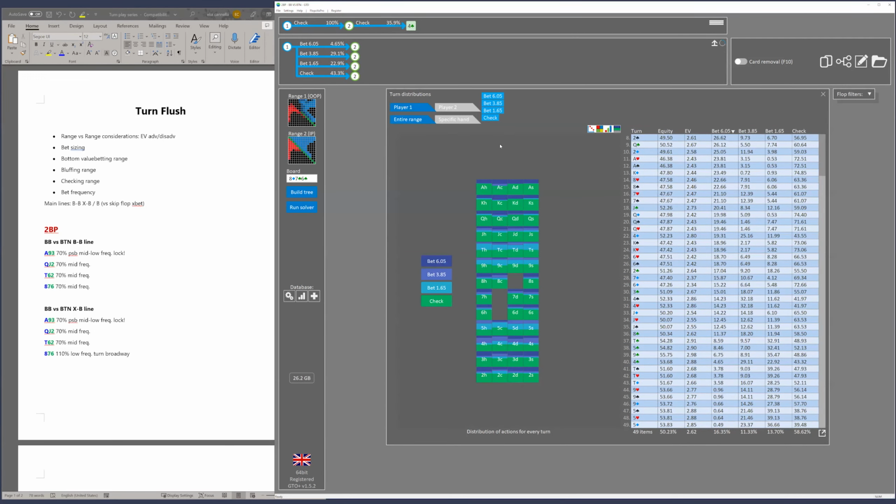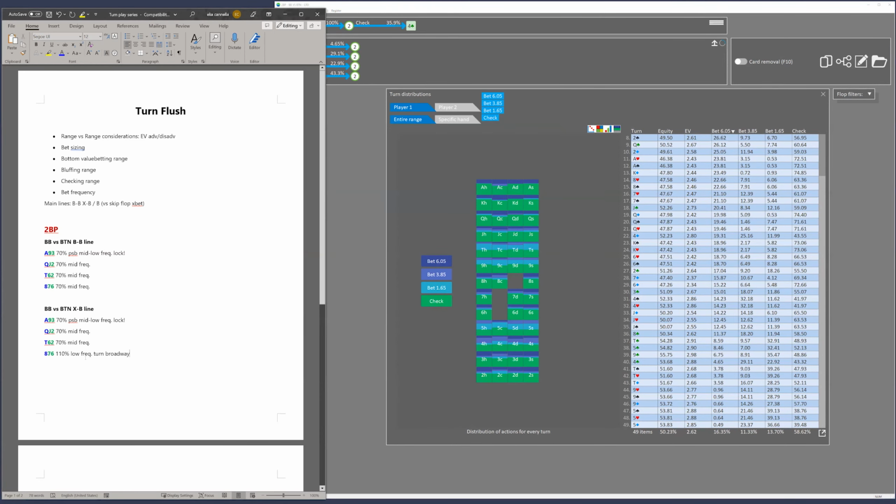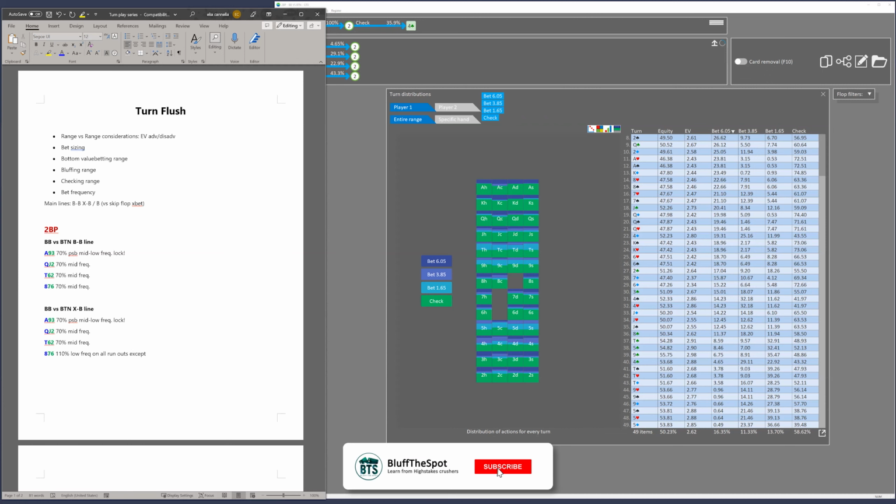So basically, we're overbetting every time. So I can write 110% low frequency overbet, not on the Broadway, on every run out, on all run outs, except the fourth of straight. That's it.